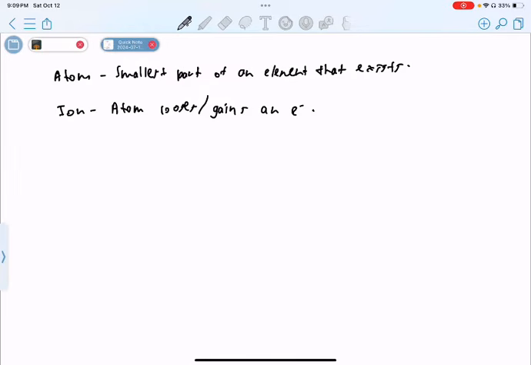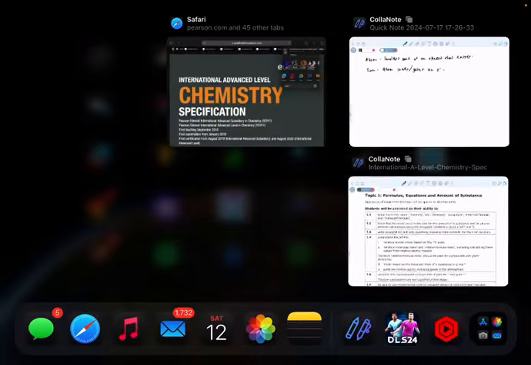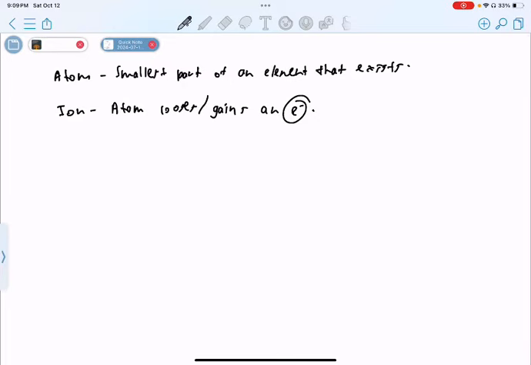When an atom loses an electron, it becomes a positively charged ion, and when it gains an electron, it becomes a negatively charged ion because an electron has a negative charge. So when you add it to an atom, you get a negative ion, okay? When you subtract it, you get a positively charged ion, okay?